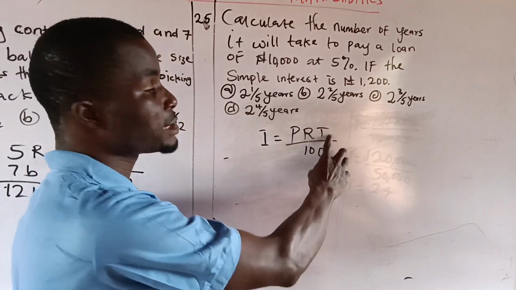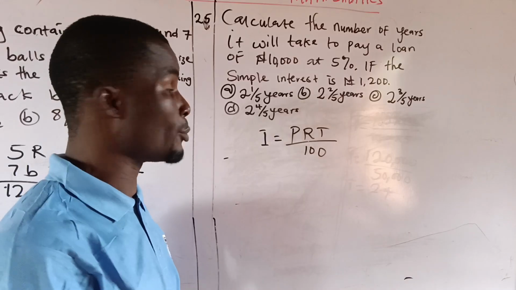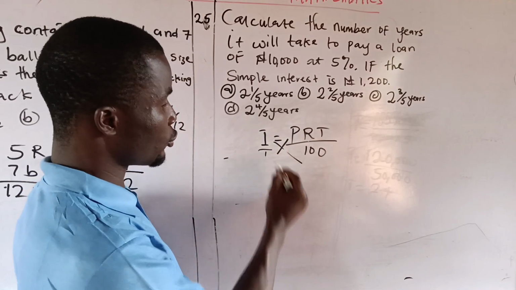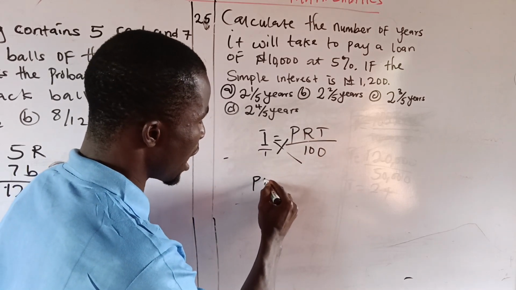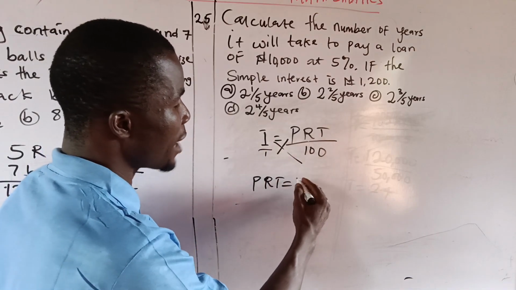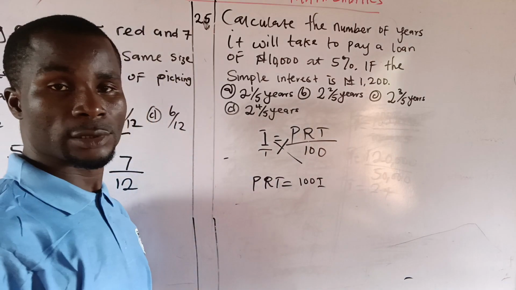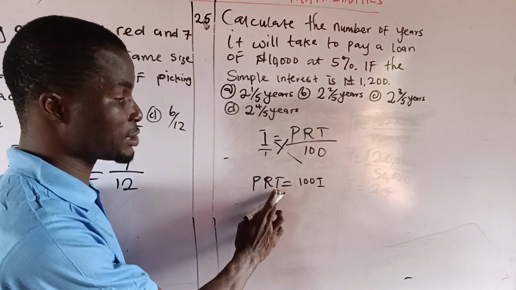To calculate T, we are going to make T the subject of the formula so that it can be simple. So we cross multiply this over 1. PRT times 1 will give us PRT, and 100 times I will give us 100I. So since we have gotten to this, we are going to make T the subject here.